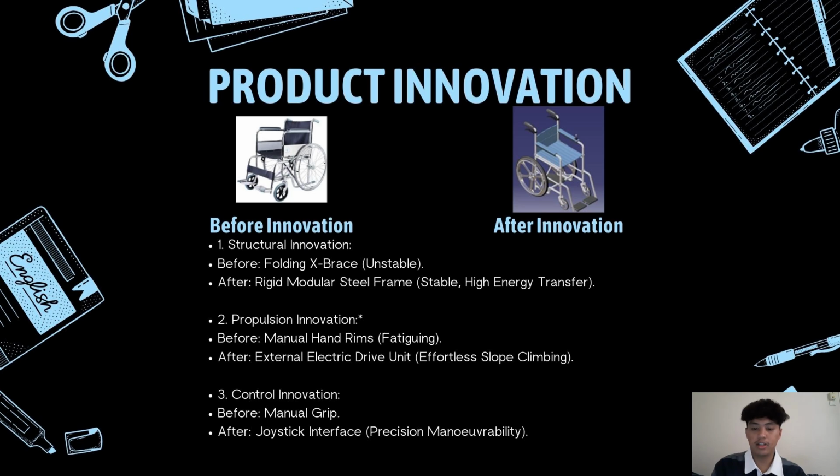Instead of fatiguing manual hand rims, we added an external electric drive unit for effortless slope climbing. Finally, control innovation. We moved from a manual grip to a joystick interface, allowing for precision and variability with minimal effort. These changes transform a basic chair into a high-performance, independent mobility solution.